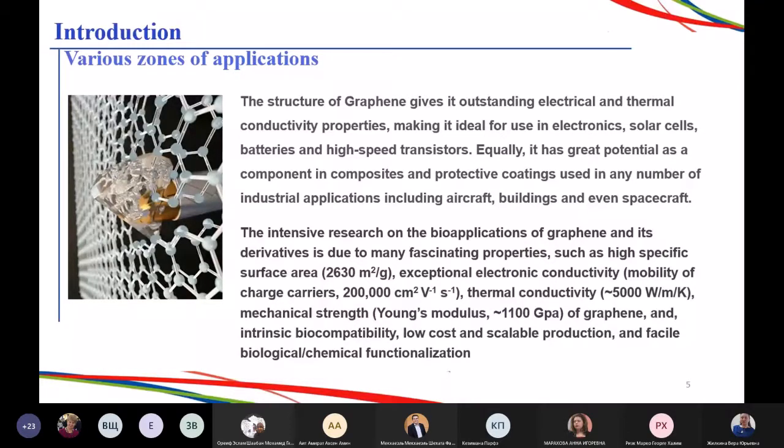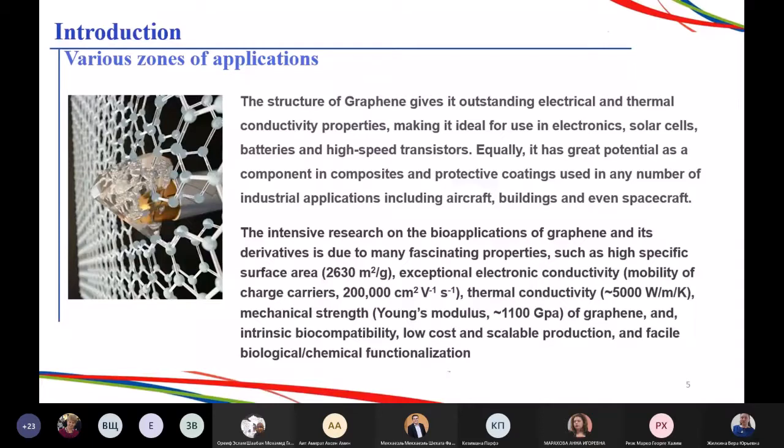The structure of graphene gives it outstanding electrical and thermal conductivity properties, making it ideal for use in electronics, solar cells, batteries, and high-speed transistors. Equally, it has great potential as a component in composite materials and protective coatings used in many industrial applications, including aircraft, buildings, and even spacecraft.